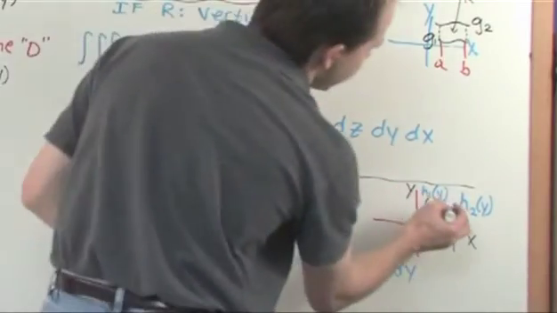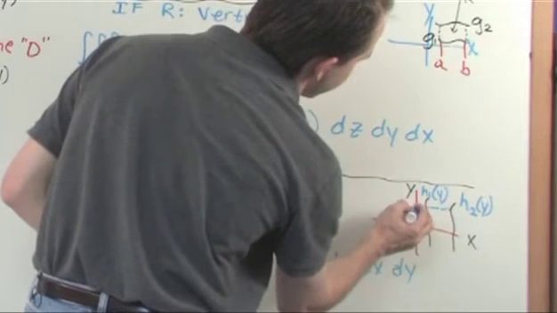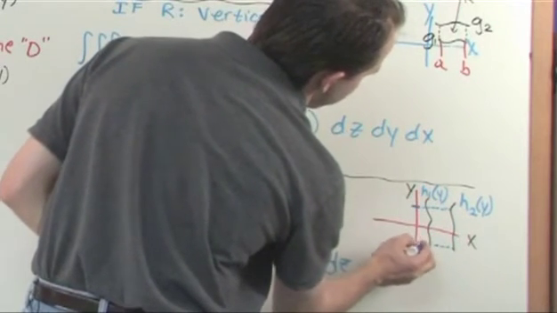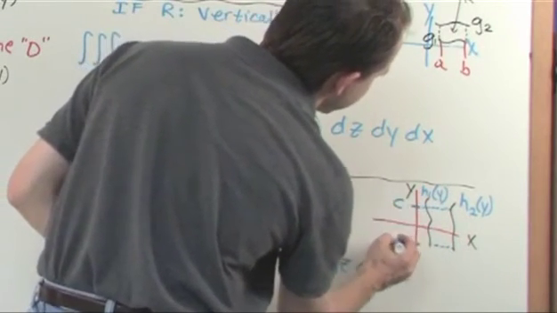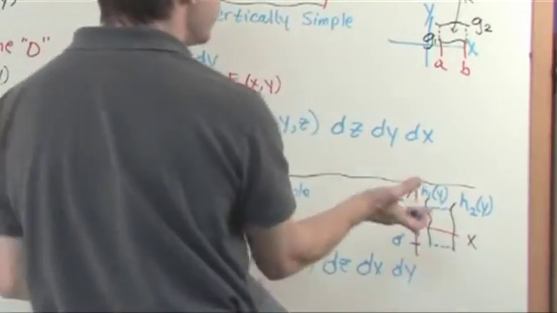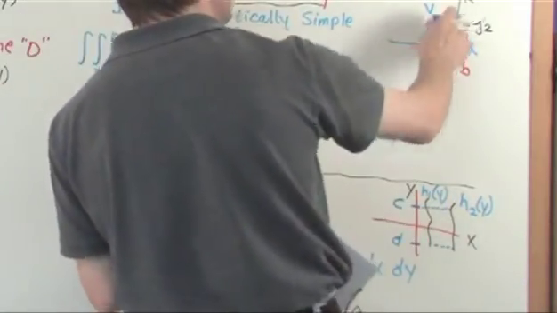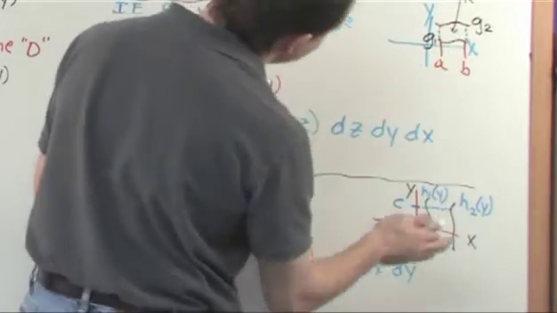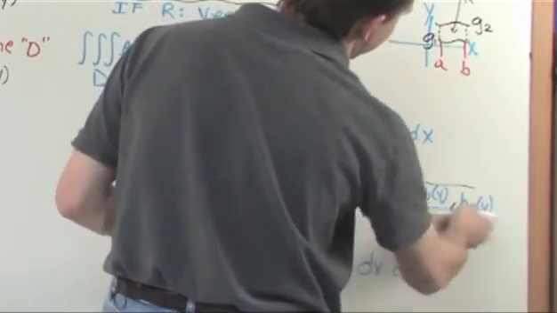Then to complete things, you integrate from some number here to some number here, and this number is called c and this number is called d. They're just numbers. So instead of having your functions oriented like this, where they're vertically simple, you tilt your head and orient them like this so they're horizontally simple.